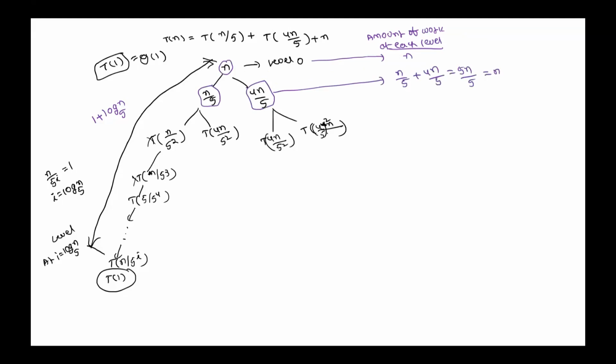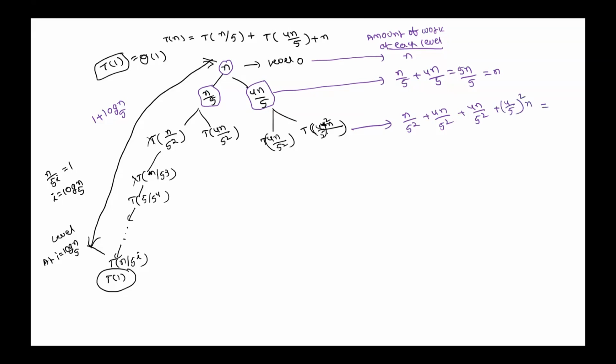Is that correct? n. Similarly, if you expand here, what will we get? n by 5 square plus 4n by 5 square plus 4n by 5 square plus 4 by 5 whole square into n. What is this value?